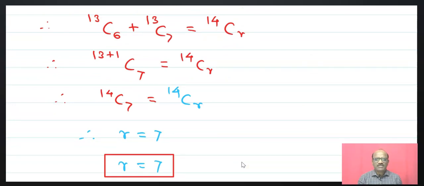I hope you understand that. So after comparing, you will get the answer, R is equal to 7.